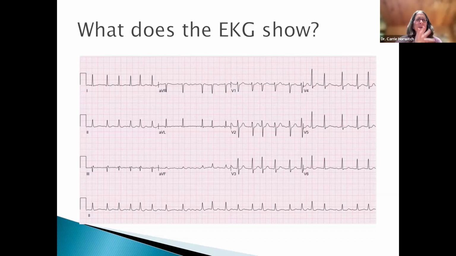So this is not a sinus rhythm. The interval lengths appear normal, and not exactly ST elevation or depression, although in V1, V2, there may be some J point change that could be depression. And yes, people are writing in the chat already. Yes, this is evidence of atrial fibrillation, right? The atrium's just firing and its P's are all over the place and moving around, and it's fast. Next slide.